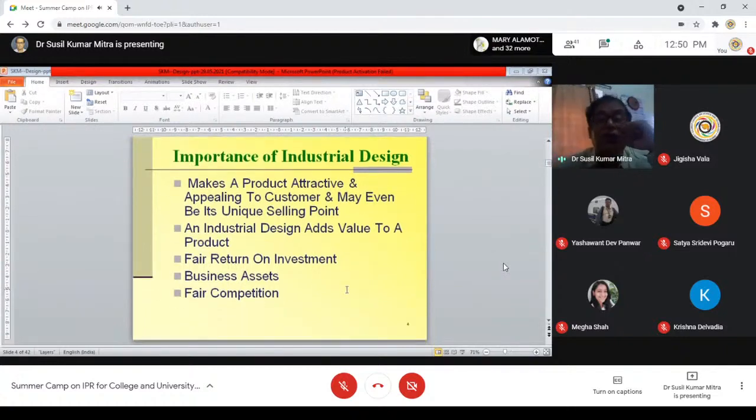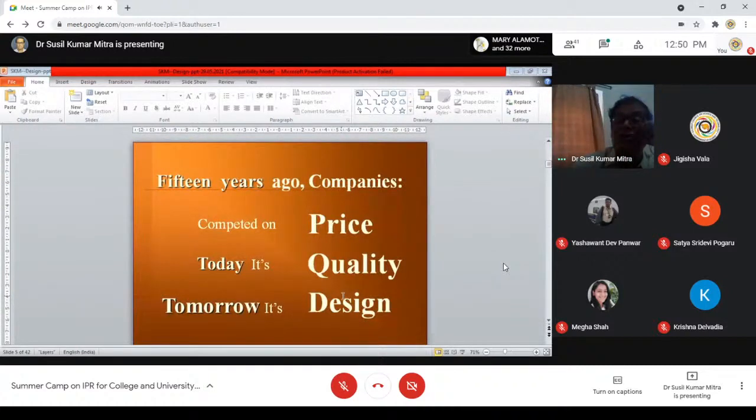Now coming to another issue: whenever I go to the market, 20 years, 30 years down the line, we were thinking about the price of the product. Today we are talking about quality, whether it is durable, whether we can use it for a long period. We are generally not selecting Chinese products. Why?